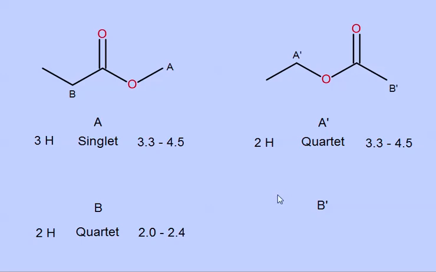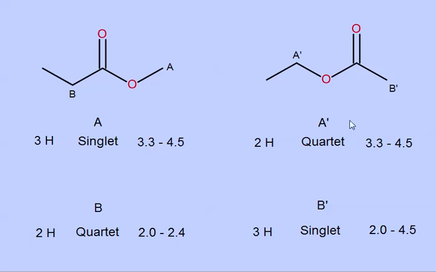However, with our second molecule, we don't have any neighbouring hydrogens, so it would be just a singlet, and it would also be for a different number of hydrogens, 3 hydrogens compared to 2, and a singlet compared to a quartet.